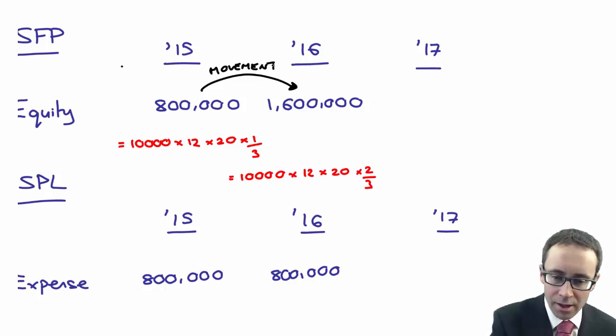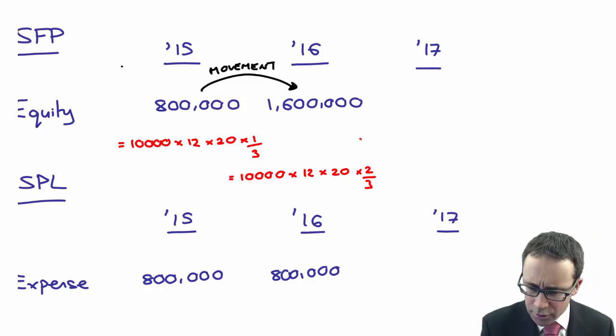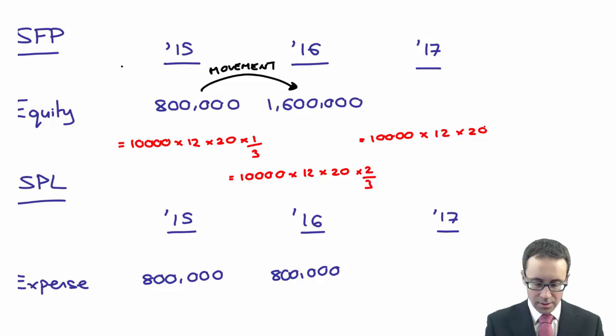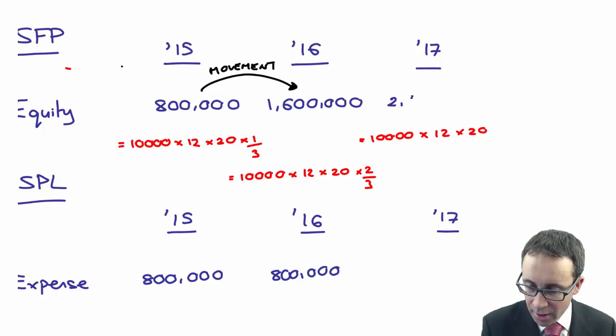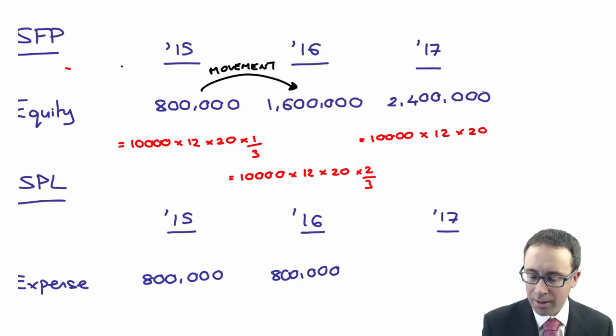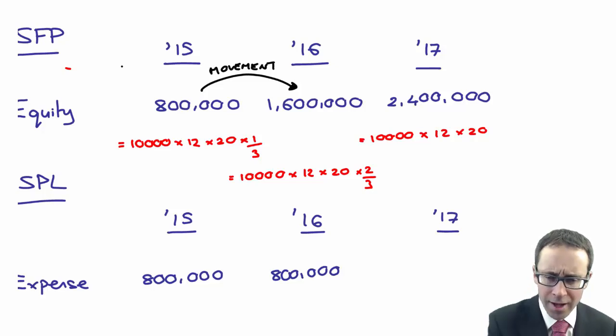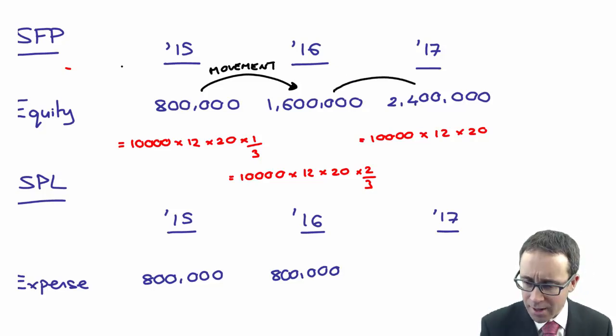Okay. Third and final year, not too much really to put in. I think you may already be ahead of the game as it is. But 10,000 times 12 times 20 is 2.4 million, isn't it? So my equity balance is there at 2.4 million. Again, that's what the SFP figure needs to be.